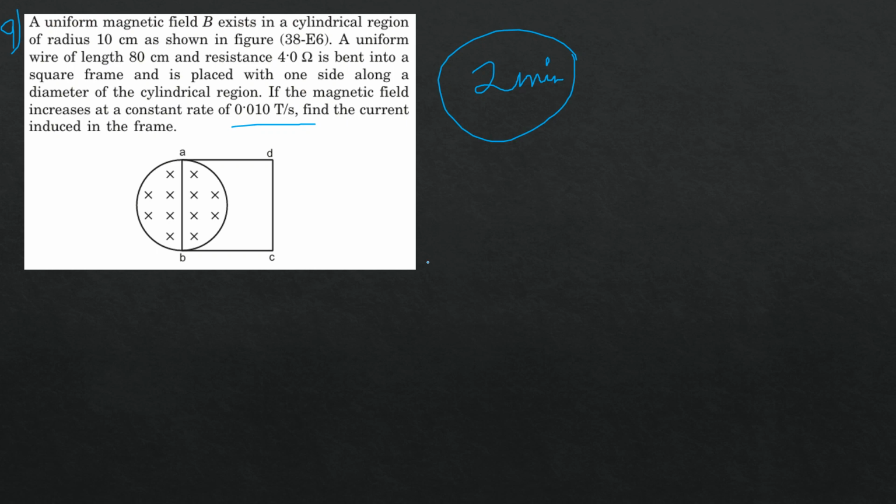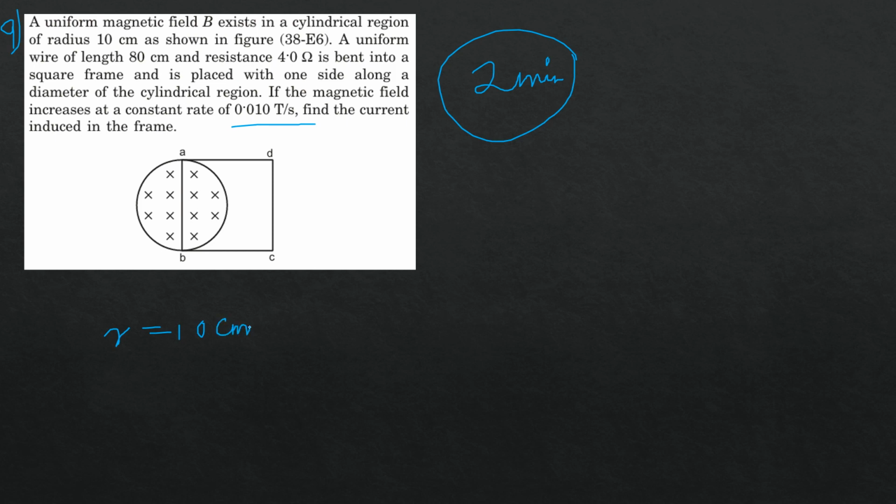If you haven't solved it yet, you can pause the video. A uniform magnetic field B exists in a cylindrical region of radius 10 centimeter. Let's write down whatever is given. R is 10 centimeter of that circular loop.